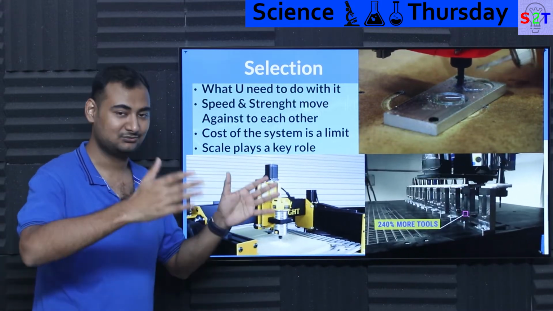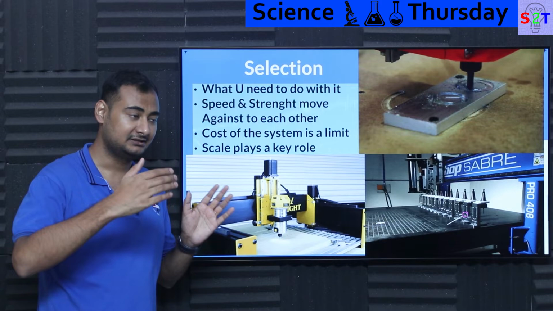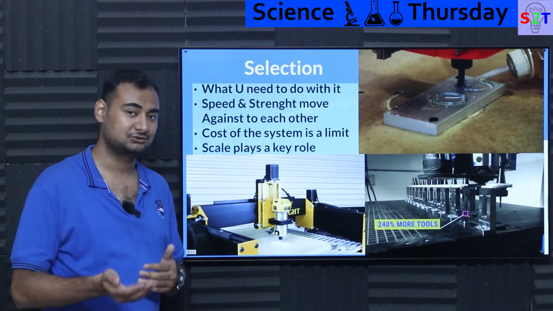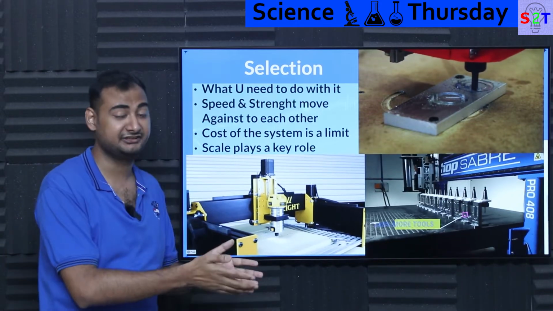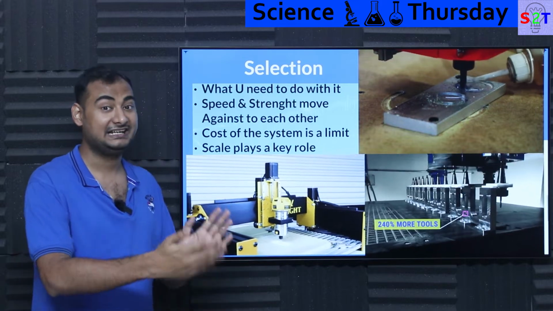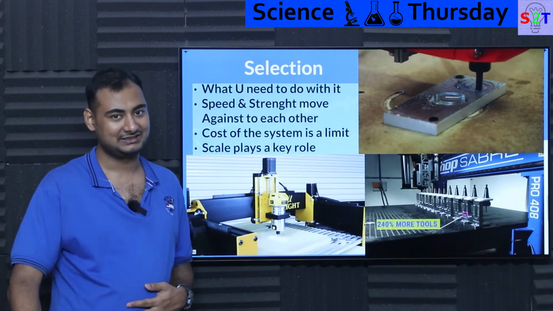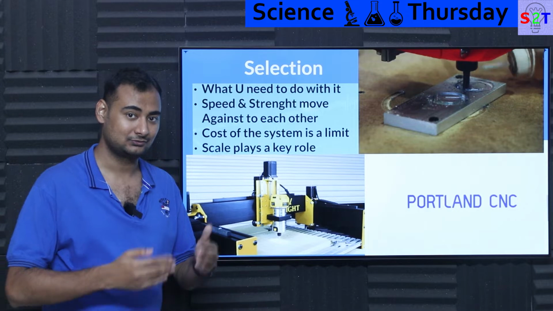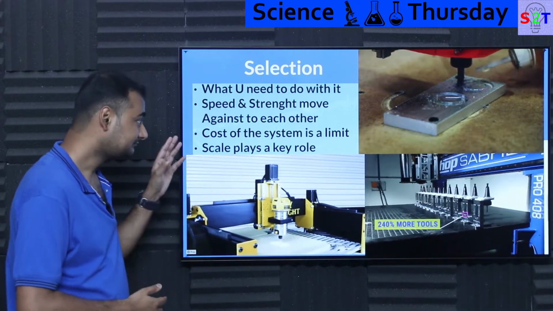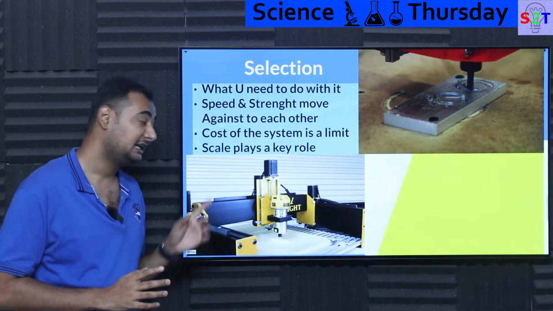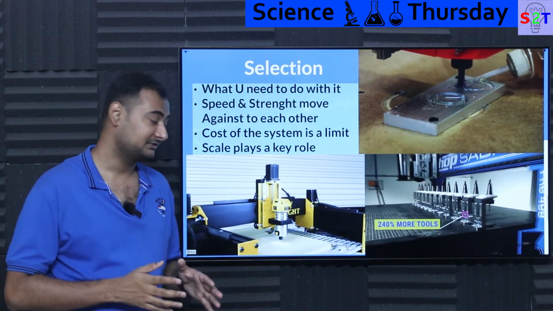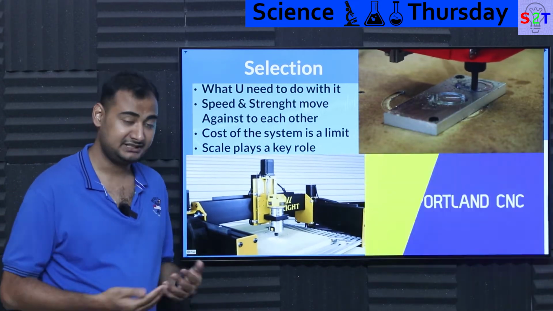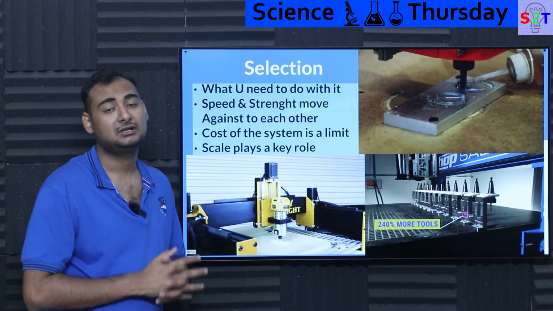Because again, be mindful, how many machines you have in a workplace defines how high your throughput is. If your throughput is low because you can only fit, let's say, 4 CNC mills compared to 8 CNC routers, you will choose 8 CNC routers, because that will increase your throughput. Throughput will increase your productivity. So cost is a very serious limitation, and scale plays a key role. That's why if a CNC router is desirable for many scenarios, a CNC mill is desirable for other scenarios.